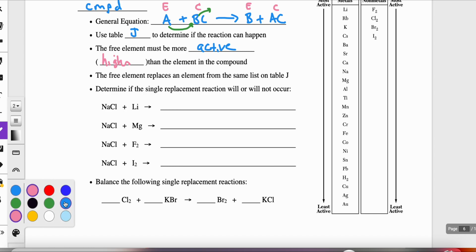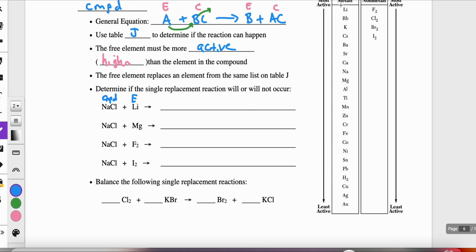So when we take a look at this setup, NaCl represents the compound and Li represents an individual element. So Li wants to replace one of the partners in the compound.